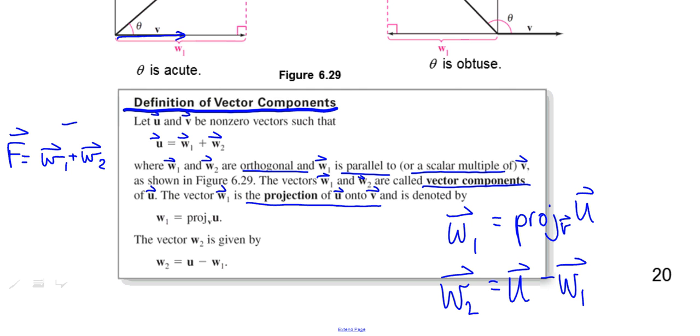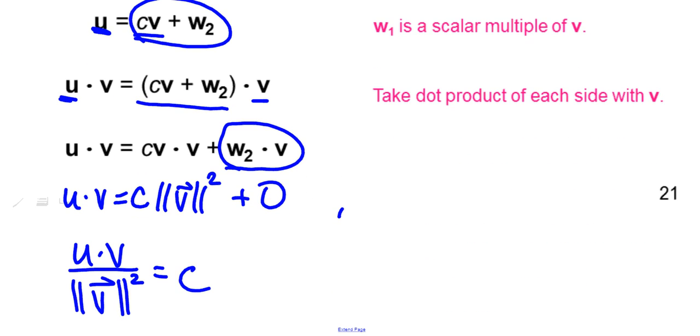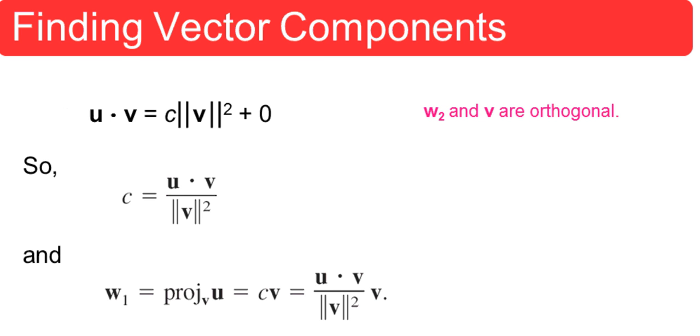Here is that W2 is U minus W1, so we'll be working with that today. And we talked about the fact that this constant C that we need is the dot product over that one vector's magnitude squared.